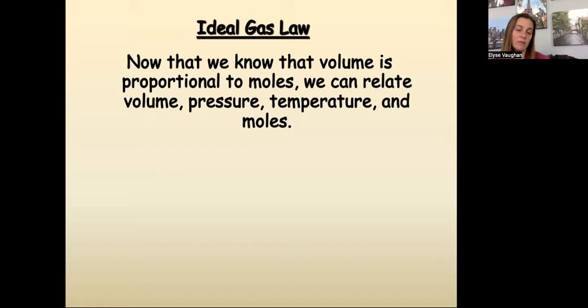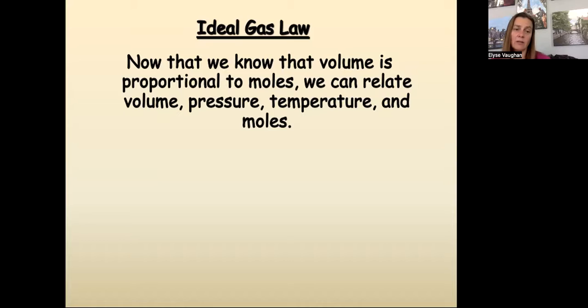The particles have zero volume. The temperature is directly proportional to kinetic energy. So all of those pieces. And we know that real gases aren't ideal, but in most conditions, they behave ideally enough that we're able to make these calculations using the ideal gas law.